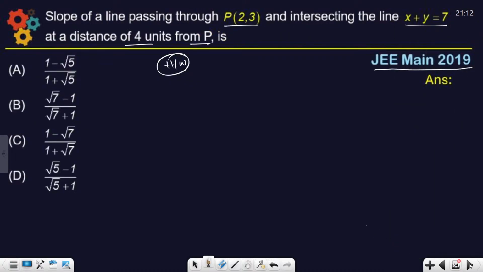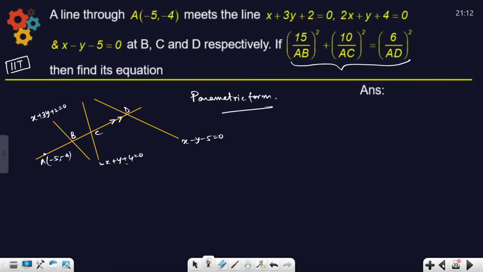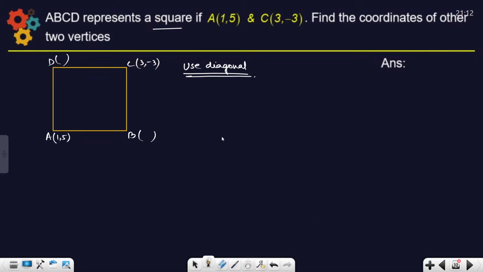This one, first is this, and this one. Okay? These 4 sums. So these 4 sums will be your homework.